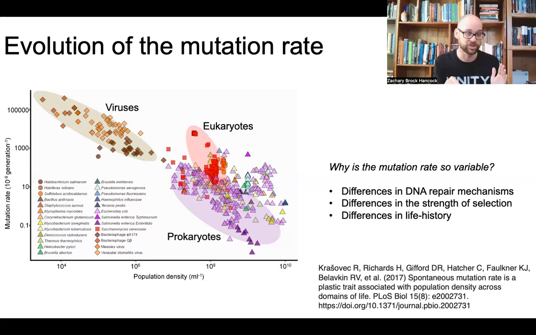And so the more cell divisions, the more possibilities there are for error during replication, right? So these three things kind of broadly represent why the mutation rate is so variable across the tree of life. And we're going to dig into each one of these in more detail as we progress through the video.